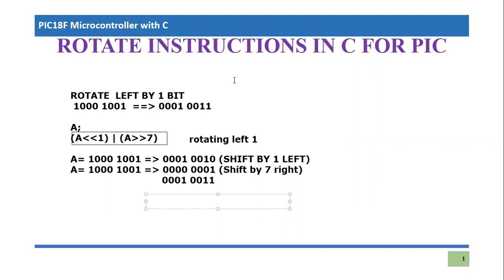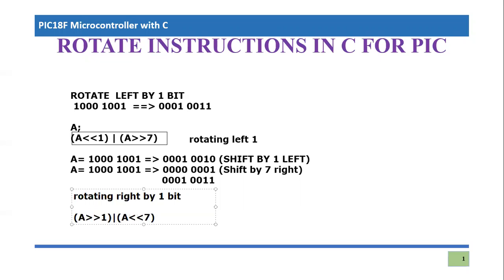Similarly, you can develop the logic for right as well. Let me write it for you: rotating right by 1 unit or by 1 bit would be the same. You have to shift right by 1 unit, OR it, and shift left by the remaining bits.